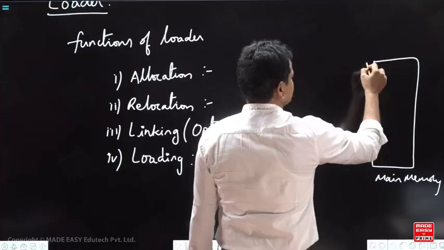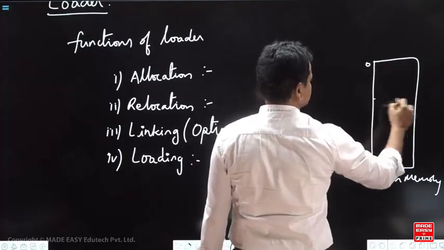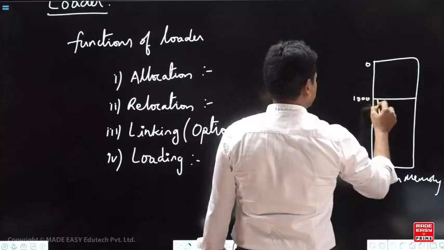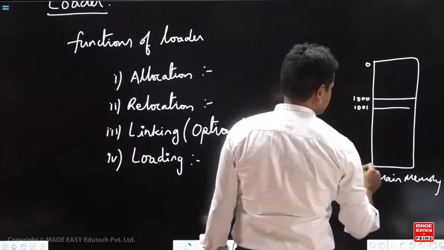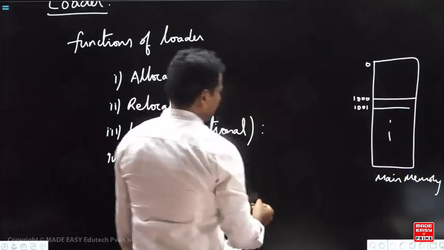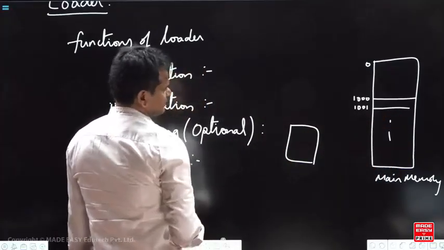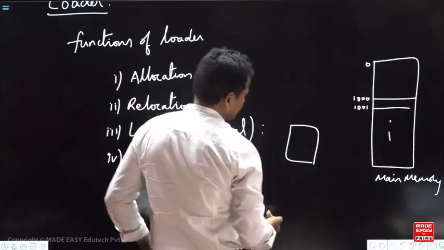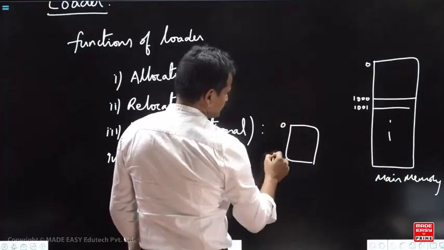Suppose this is address 0, and 1, 2, so suppose this is 0 to 1000 and here 1001, like this we have. And we have a program, and it must be stored from address 0 to 500.